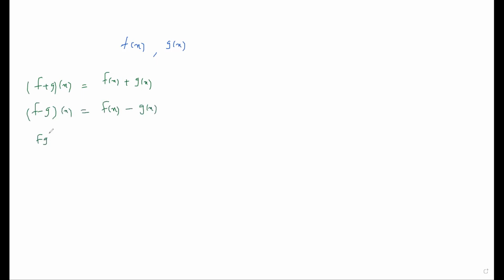Another one is f into g of x, which is defined as f of x into g of x. Then f upon g of x is equal to f of x over g of x. These are some operations on functions.